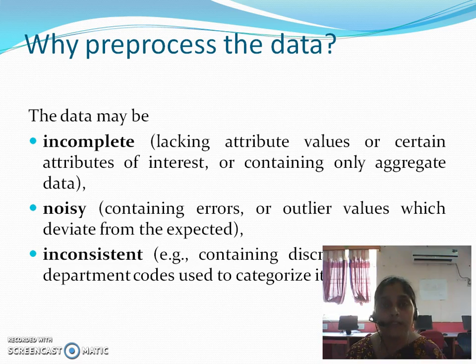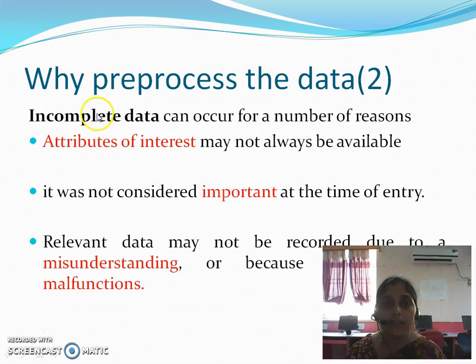First we will see why the data has these properties. What are the reasons for this? Already we said that data may be incomplete for the following reasons. People don't know the importance of the data, and they don't know the attributes of interest. That means what the data is being collected for, what output they are expecting, or what type of analysis they want to perform from this data.